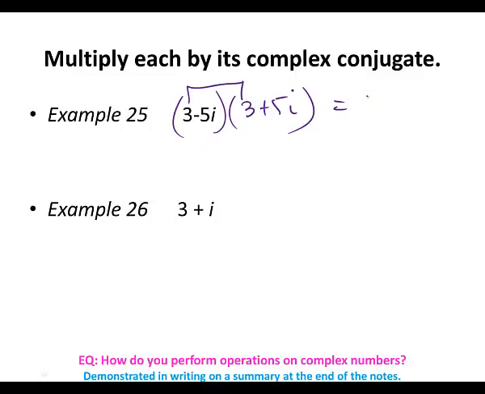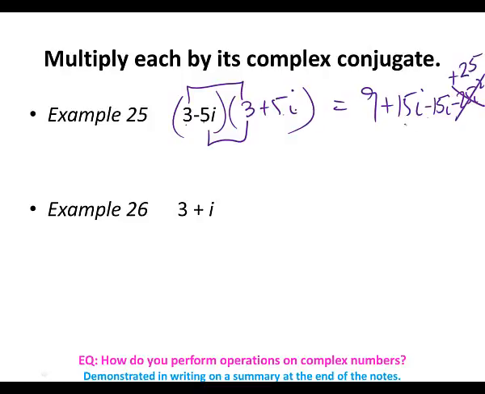3 times 3 is what? 9. 3 times 5i is what? 15i. Negative 5i times 3 is? Negative 15i. Negative 5i times 5i is negative what? Better known as positive 25.